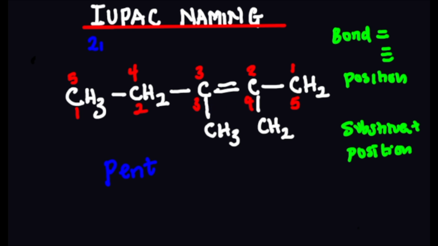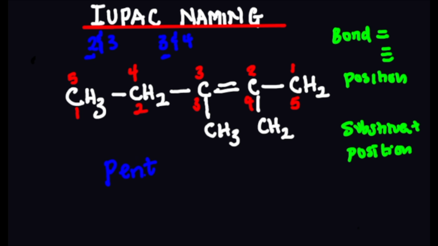And I know that 2 and 3 is somehow small compared to 3 and 4, right? So here I'm going to pick the lowest, which is actually 2, and then here I'll go for the lowest, which is 3. So since numbering forward actually confers a lower position to the double bond, I'm going to prefer numbering forward, from 1, 2, 3, 4, 5.